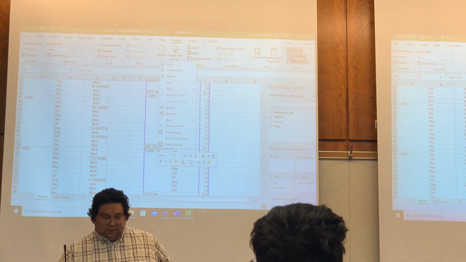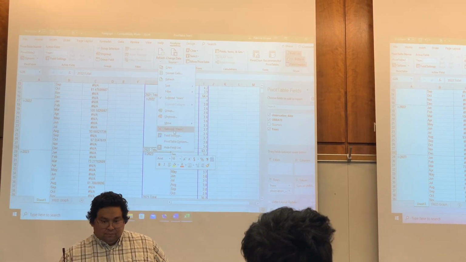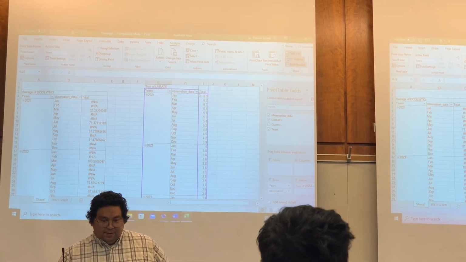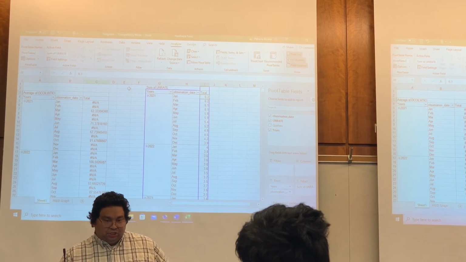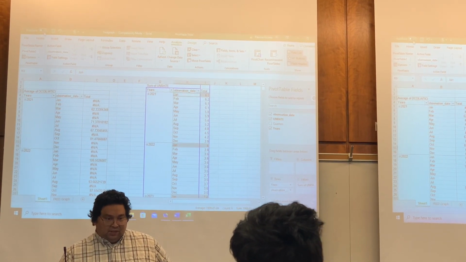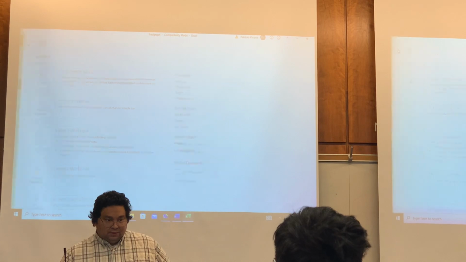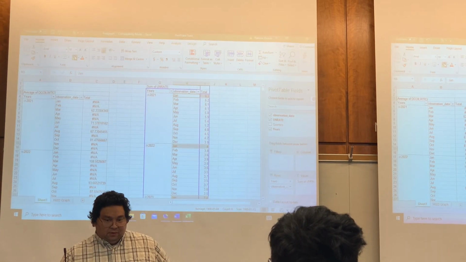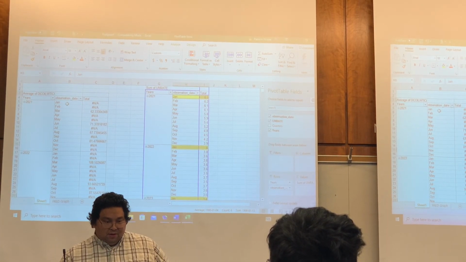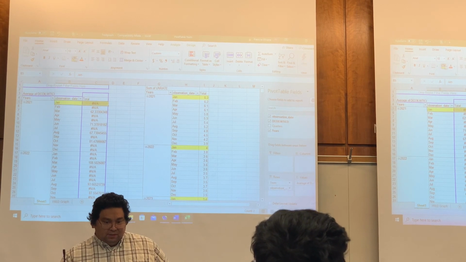Look at this. We don't need a total. Okay. So here I need to match January 2021. Do you see here January 2021 with January 2021?